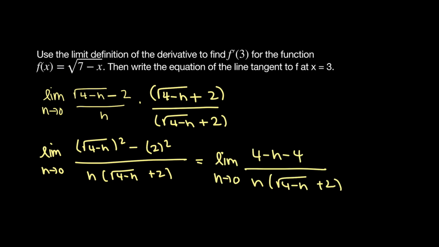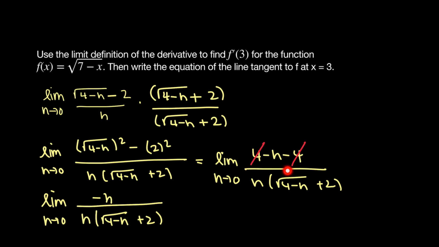When you square a square root, you get 4 minus h, it just gets rid of the square root, minus 2 squared, which is 4. So my numerator is 4 minus h minus 4. And then in the denominator, I'm just going to copy down what we have. We've got h times that conjugate, square root of 4 minus h plus 2.